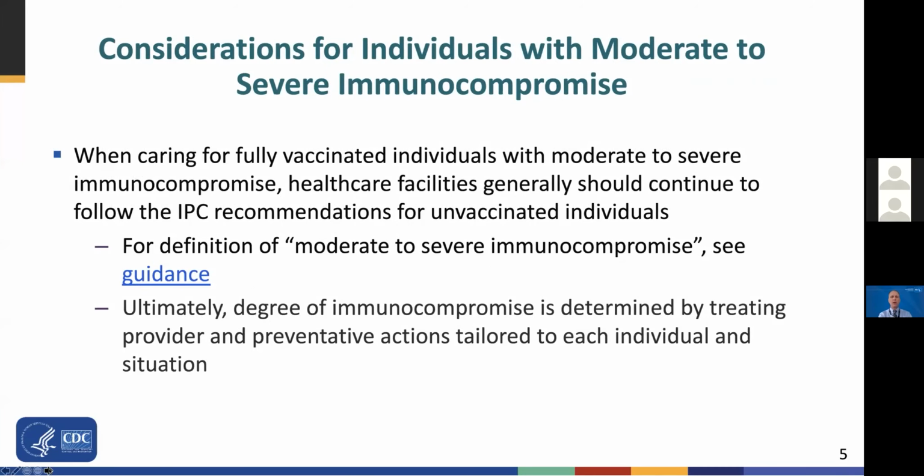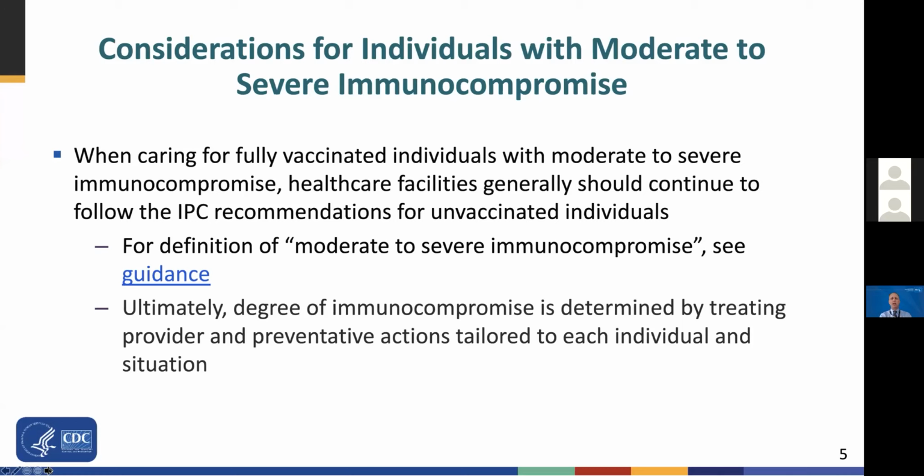So the one thing I did want to highlight, which doesn't fit well into the changes thing, but I think is a common point of confusion, is our guidance with regard to immunocompromised folks. So, in general, we've said that people with moderate to severe immunocompromise, and by that I often mean folks who are undergoing chemotherapy or transplant patients, et cetera, with very profound immune deficits, not diabetics and people like that who have kind of subtler immune defects, we generally try to consider those folks as unvaccinated.